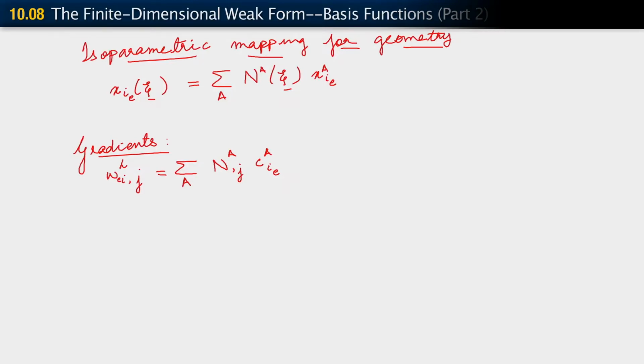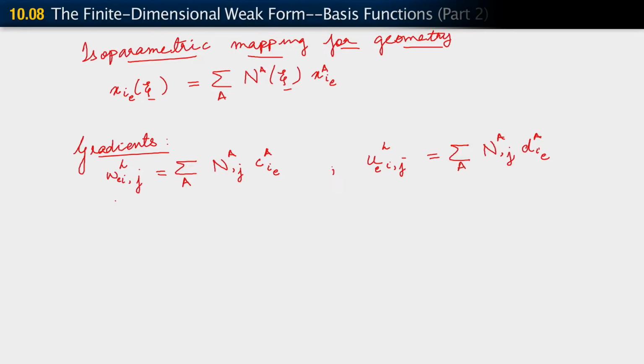And of course the same thing for u^h_{i,j}. u^h_{i,j} over element e is again a sum over A of N_{A,j} d_{Ai}^e. Okay, and we know straight away where we expect to use this.